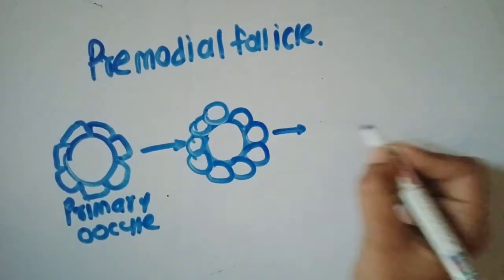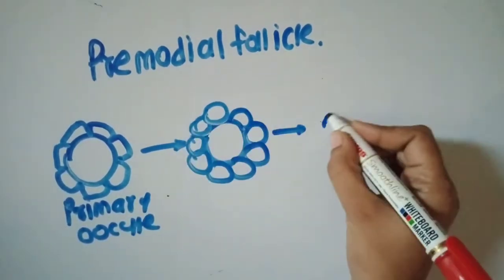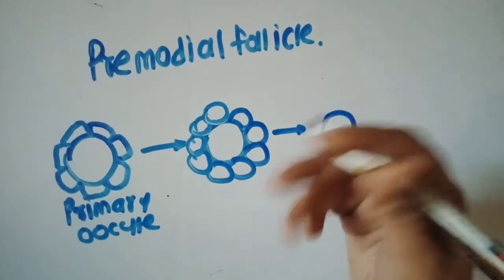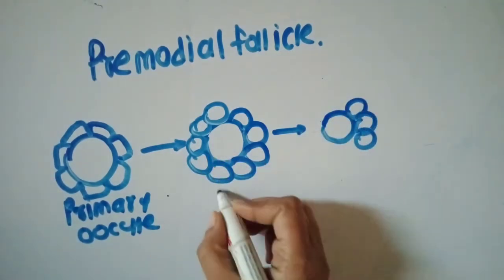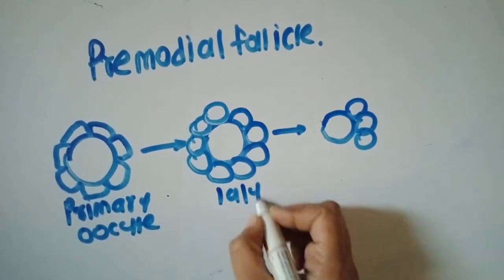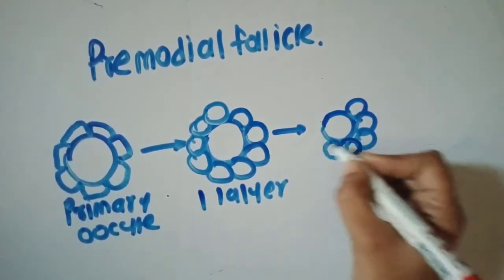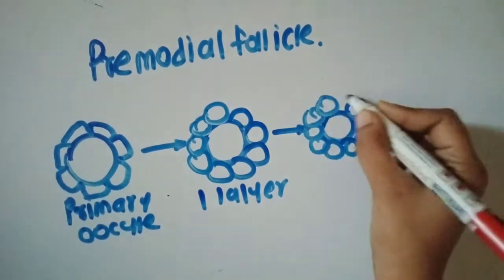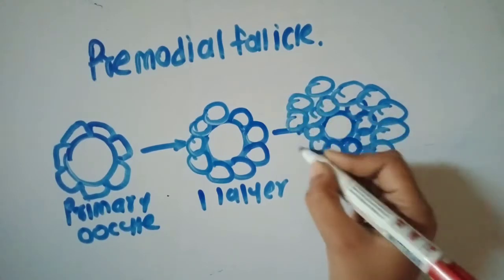Then the follicular cells you can see here undergo division. Now only one layer you see, and now 6 to 7 layers are formed. So many layers are formed here.